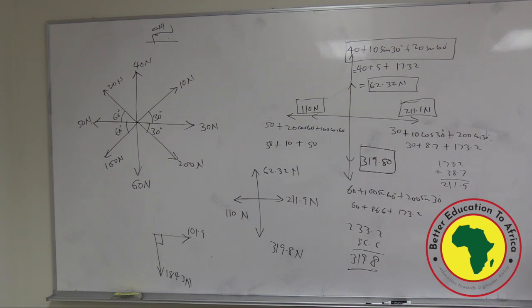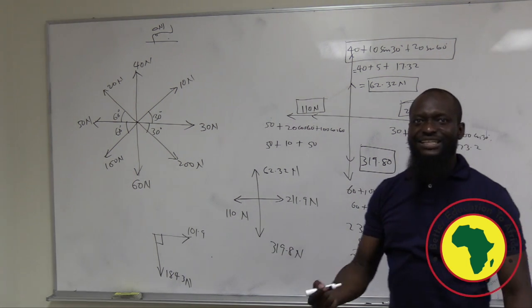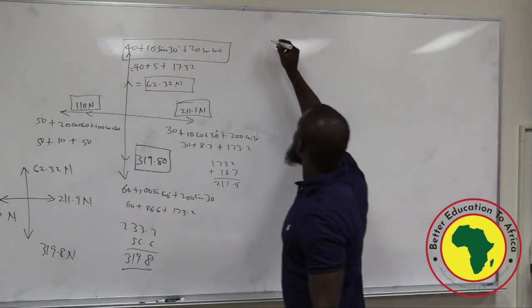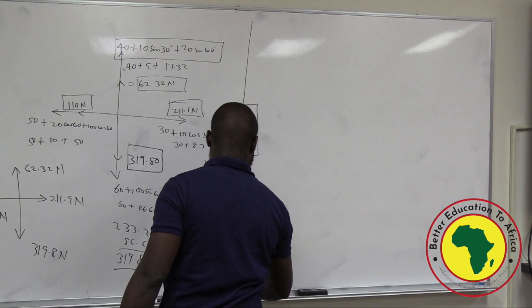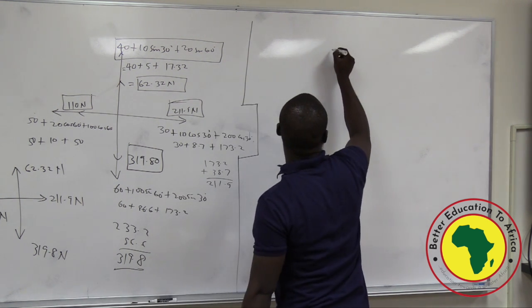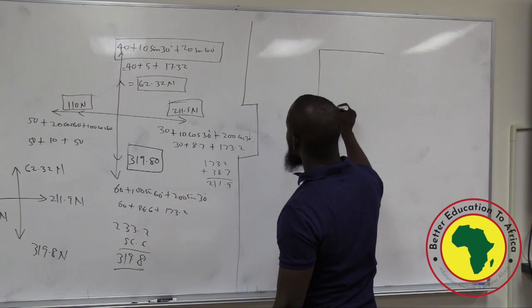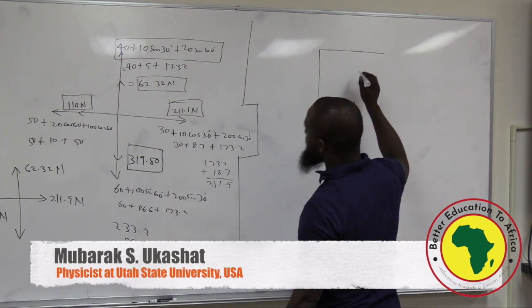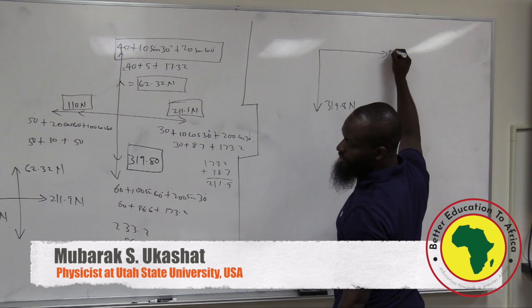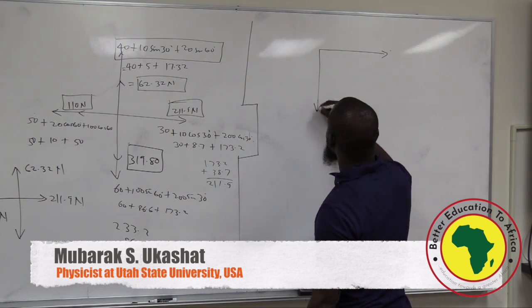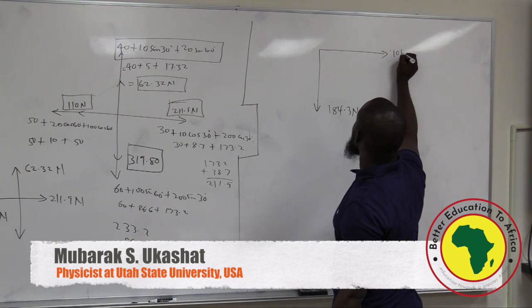Okay. So we have 2 forces like this and like that. So this one was 319.8 newtons, and this one was 184.3 newtons, and this one was 101.9 newtons.